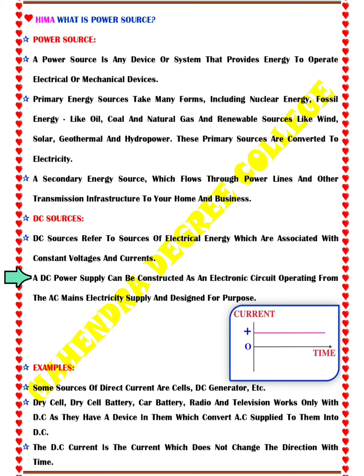A DC power supply can be built using electronic components such as diodes, transformers, capacitors, and regulators. These components convert AC into DC and stabilize the output.